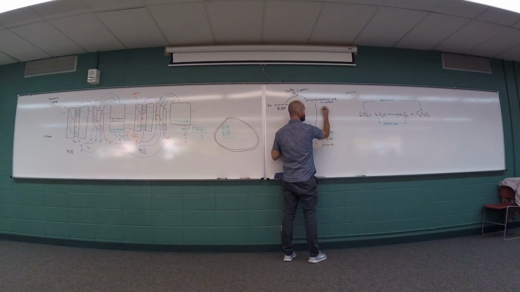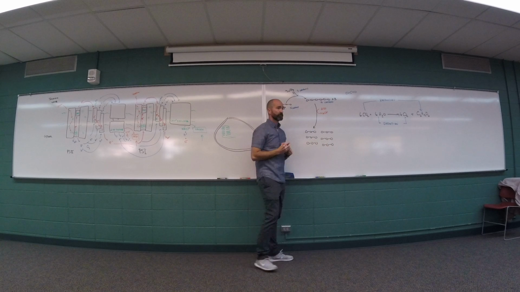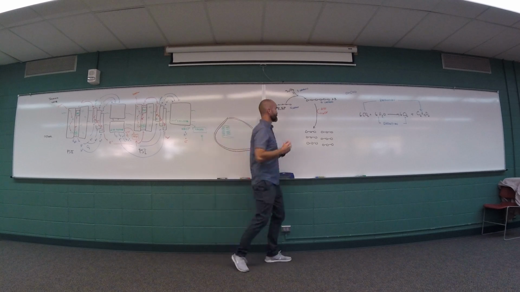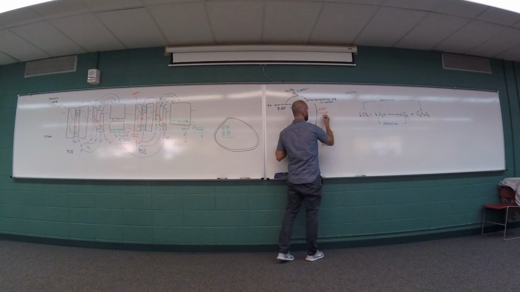So we take some ATP and we convert that into ADP. Do you guys remember how many ATPs we use at this point? 6, exactly right. We get 6 ADPs.